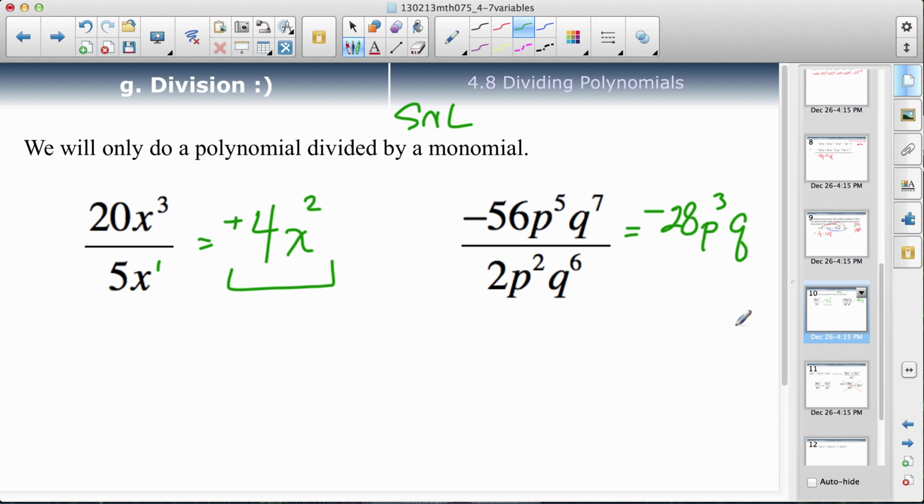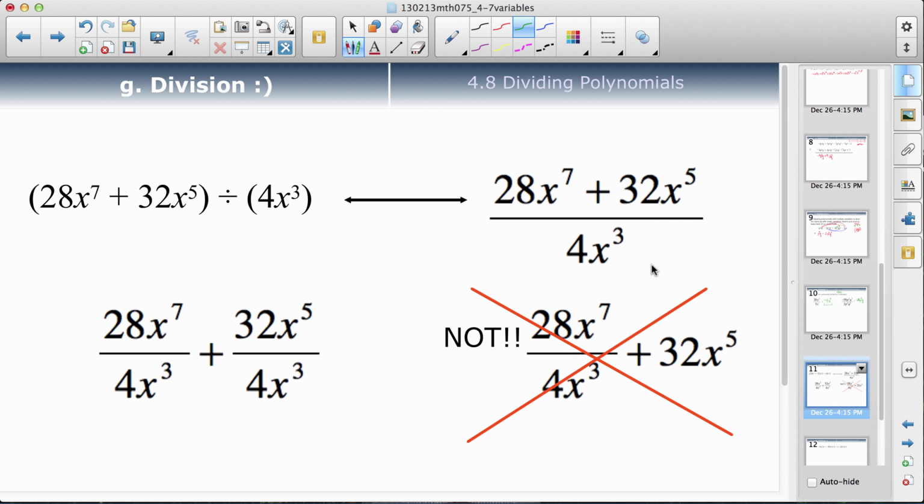Okay, now if you are dividing a polynomial by a monomial, like in this case, this is probably a nicer way to write it, but it's this thing on the top divided by that. This bottom monomial has to be divided actually into both of those.